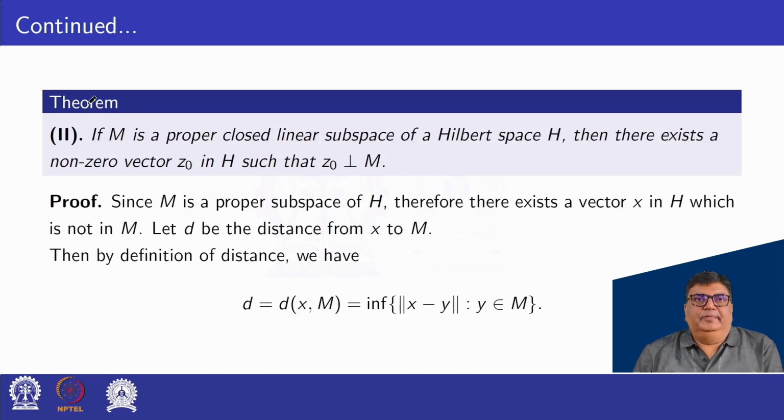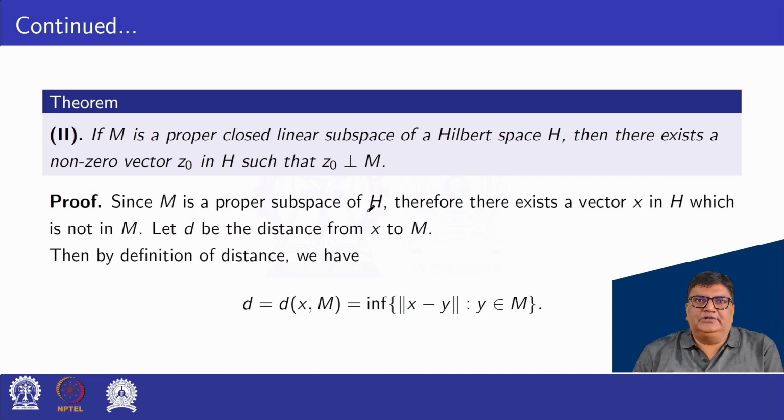Next theorem. If M is a proper closed linear subspace of a Hilbert space H, then there exists a non-zero vector z0 in H such that z0 is perpendicular to M. Proof.